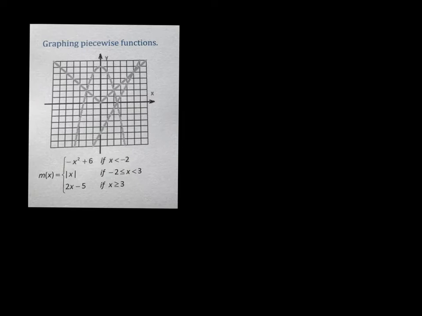So let's go ahead, and in this graph, I already have the outlines of a few different things, but we're going to look at the first one that I have here, which is y is equal to -x squared plus 6. All right, that gives me a parabola going down.